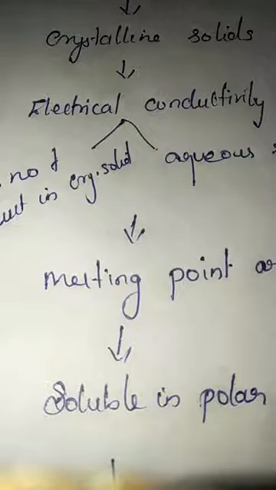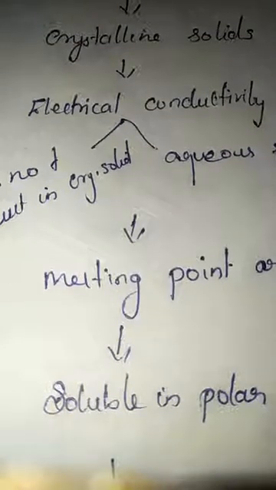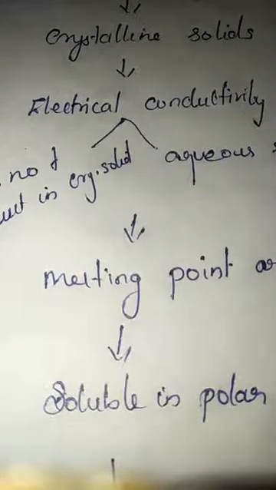The next one, melting point. The melting point as well as the boiling point for ionic compounds are relatively high. We know that a large amount of energy is needed to overcome the force of attraction between which one? The ionic bond between two atoms. If you want to cleave the ionic bond, we have to spend a lot of energy, hence it's the strongest bond.